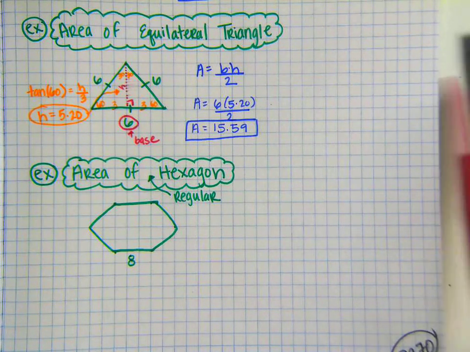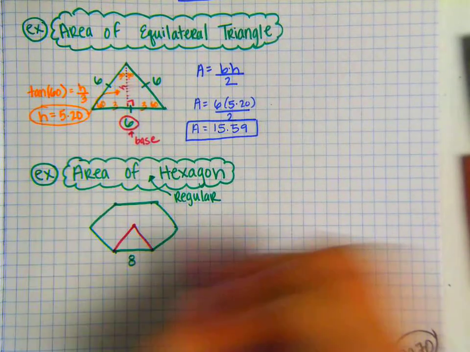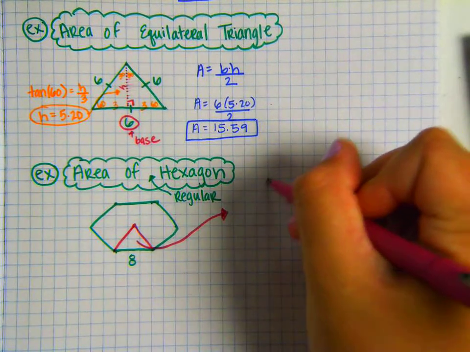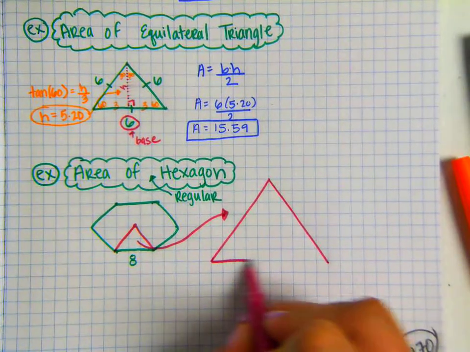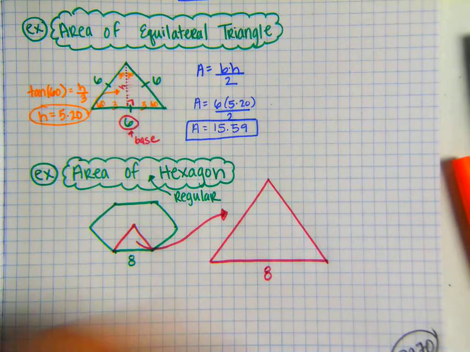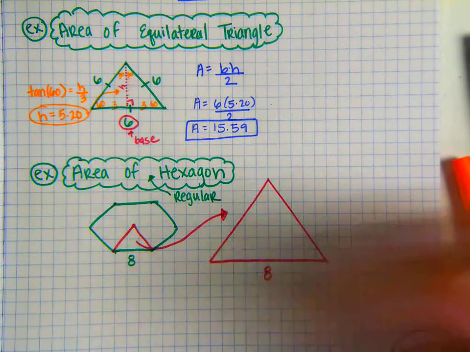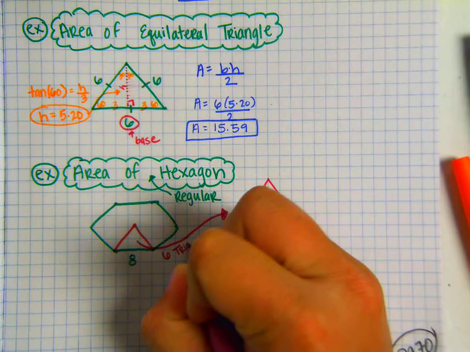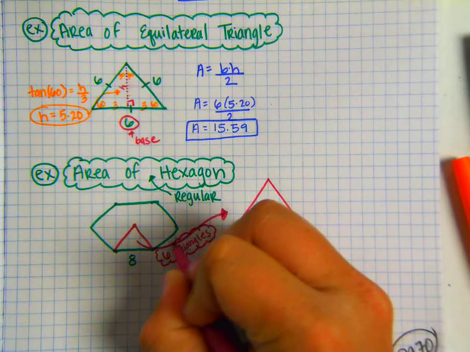Okay, so the first thing you should do is draw that triangle. And then I'm going to blow it up. So I'm going to draw it really big so I can work inside of that triangle. And I always like to write down how many triangles there are. If I continue making those triangles, how many triangles will there be? There'll be 6. So I'm going to write down here 6 triangles, so that I remember that 6 at the very end.